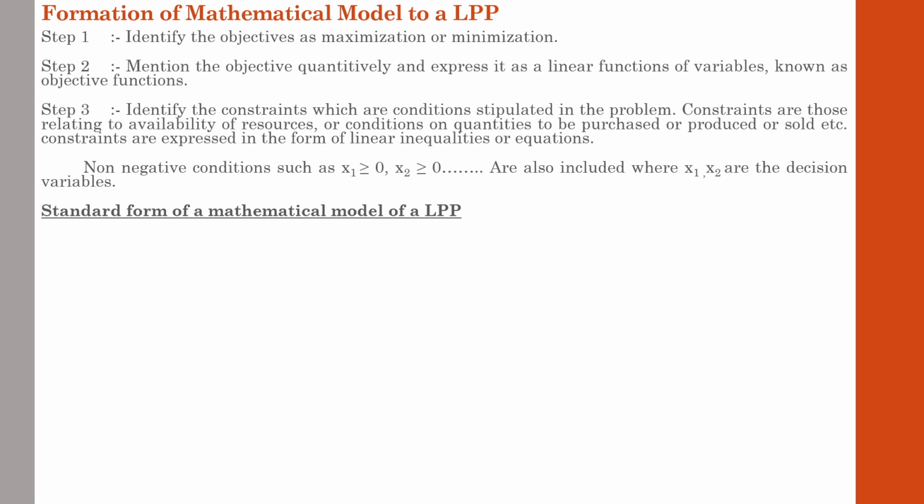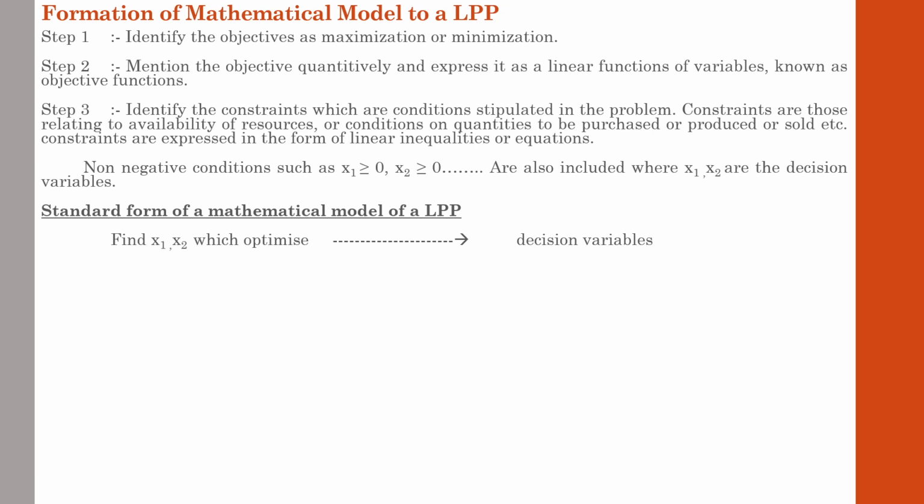A general linear programming problem of two variables can be stated as, first one, you need to find x1 and x2 which optimize the decision variable. Usually x1 and x2, as I have mentioned earlier, will be relating to the products.